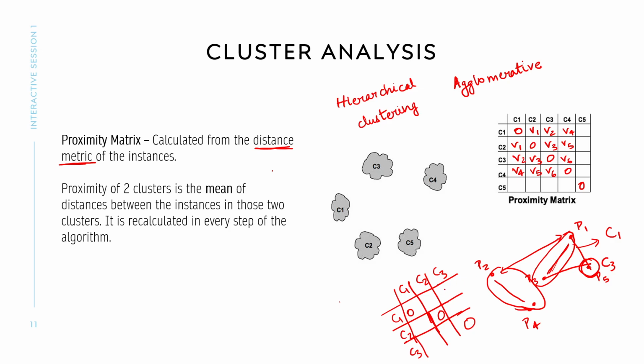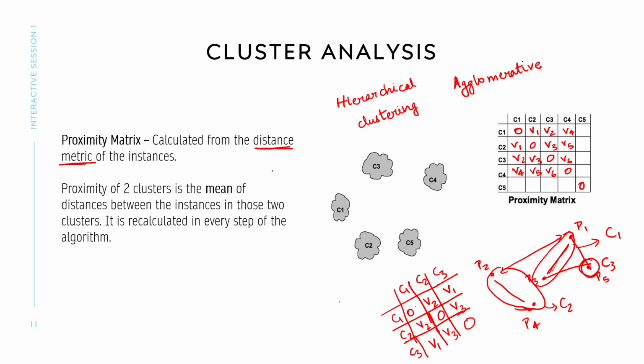Then the distance between C1 and C2, where this is my cluster 2, will be P1 to P2, P1 to P4, P3 to P2, P3 to P4, the distances all divided by 4. That will be my V2 or something. And the distance between C2 and C3 might be something similar.